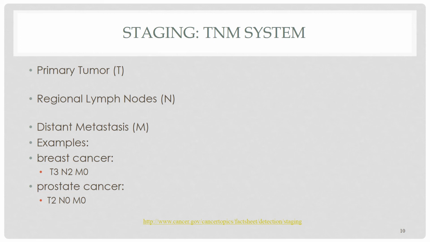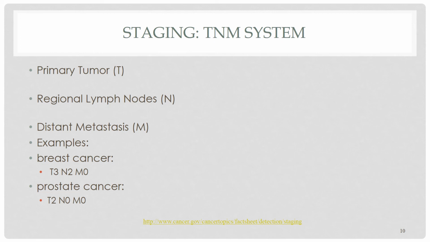And you may develop your own systems of how to memorize this, but again, zeros in the TNM system are good, and for numerical values, the greater it is, the worse the prognosis usually is.